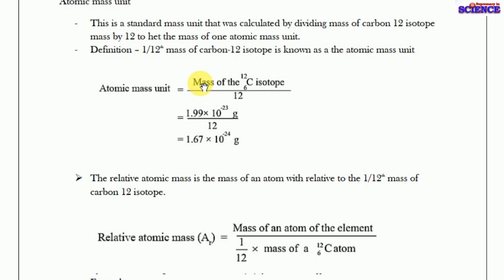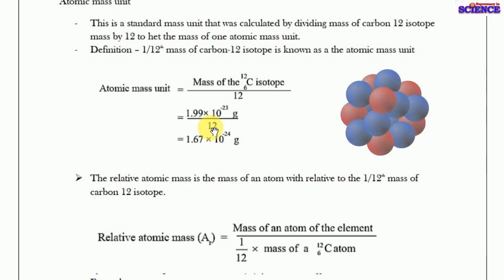They found the mass of the carbon-12 isotope in grams. Then what did they do? They know that the carbon atom is made of 12 nucleons. I will tell you what a nucleon is. Neutrons and protons together are called nucleons because they are found in the nucleus.